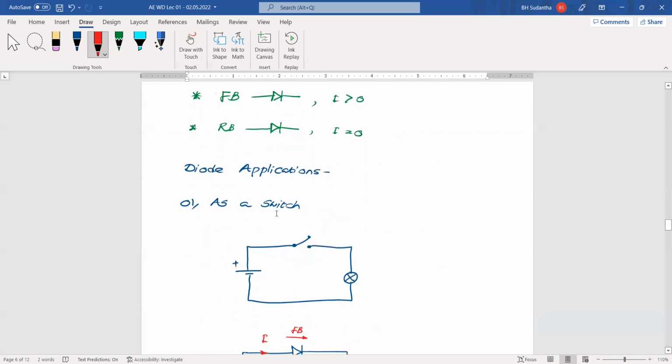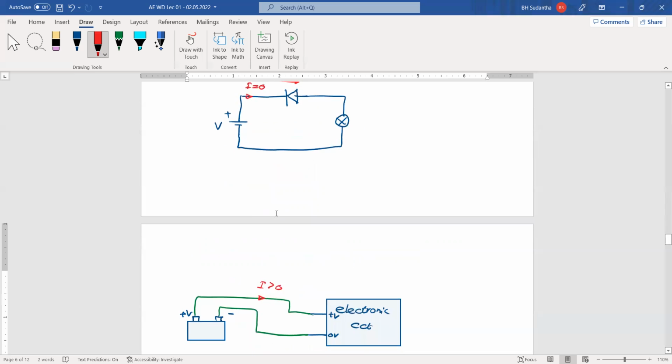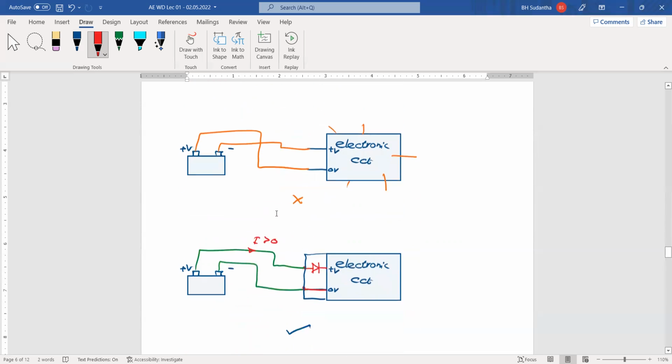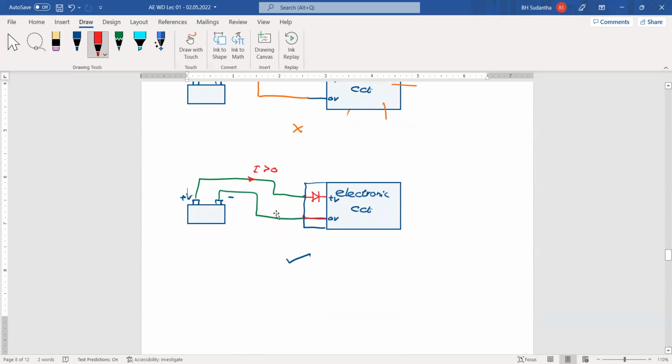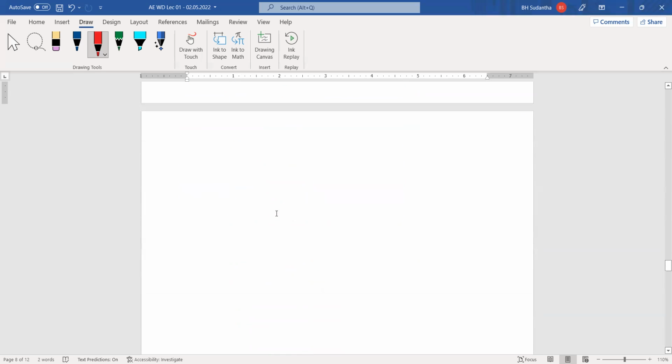Okay. Now what happens if you apply AC voltages to this diode? For example, the diode is here.